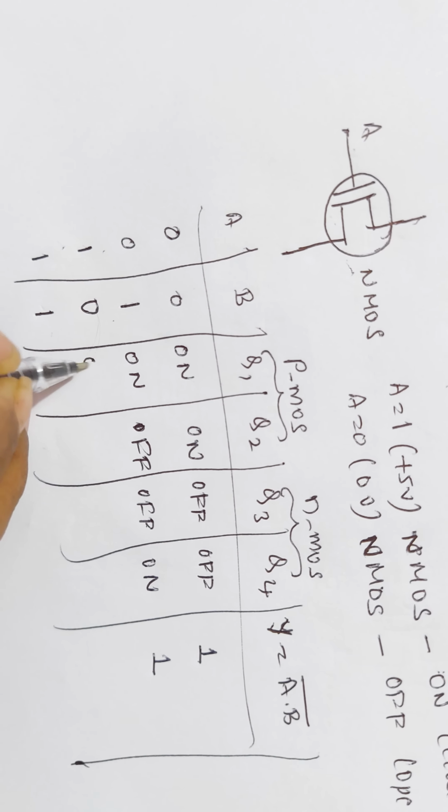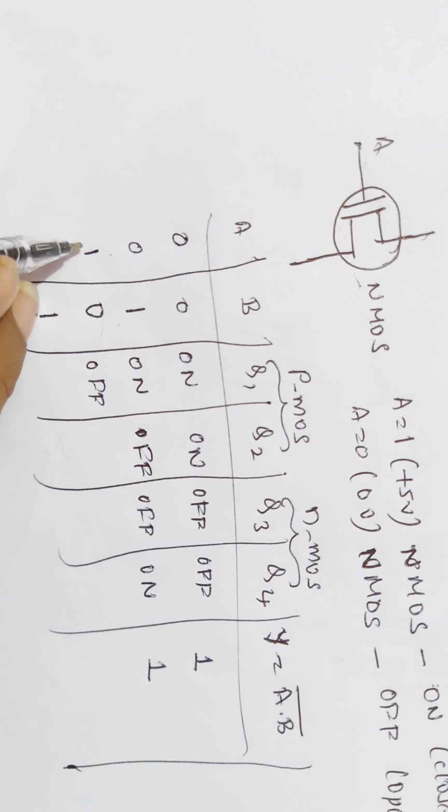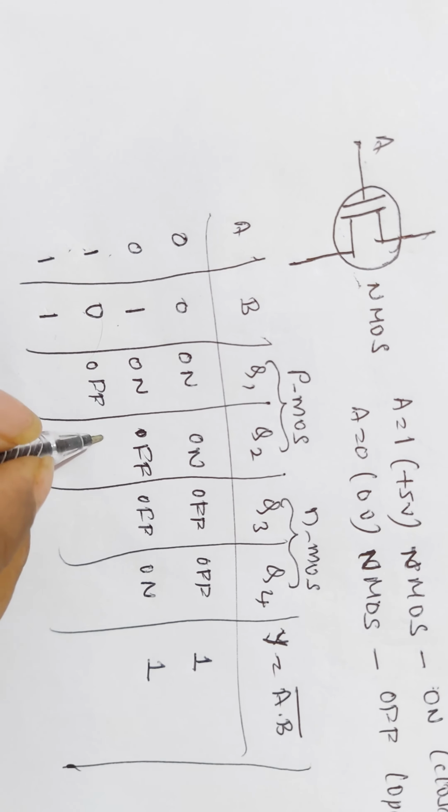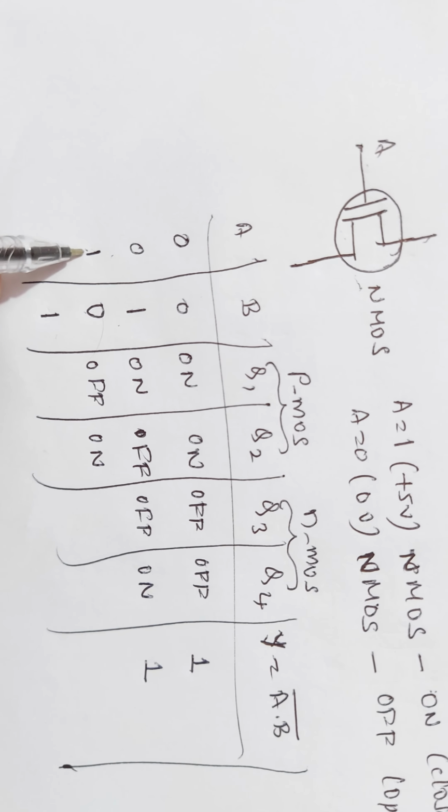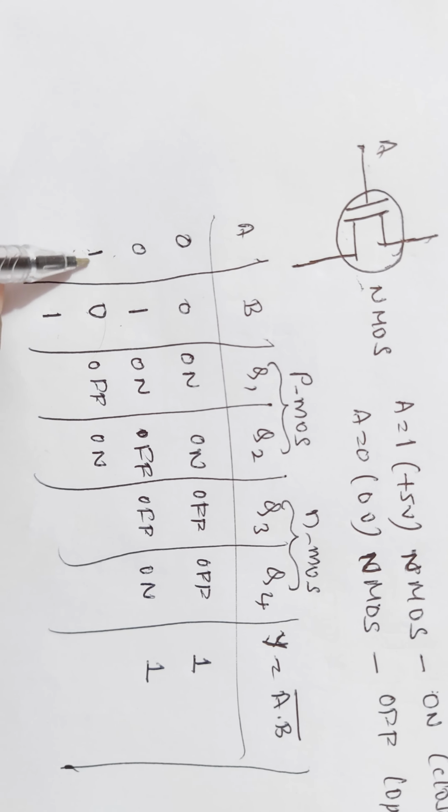When A equals 1, B equals 0, for the P channel, Q1 goes off and Q2 goes on. For the N channel, A equals 1, therefore that N channel goes on, and the other transistor goes off. However, the output is 1 because if this is open but this is closed, current can flow.